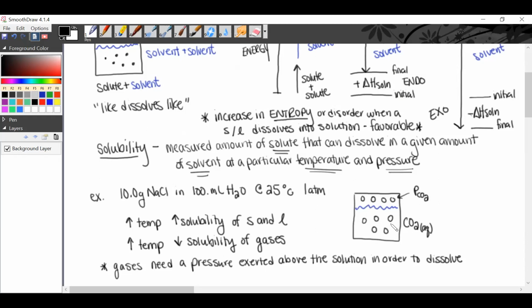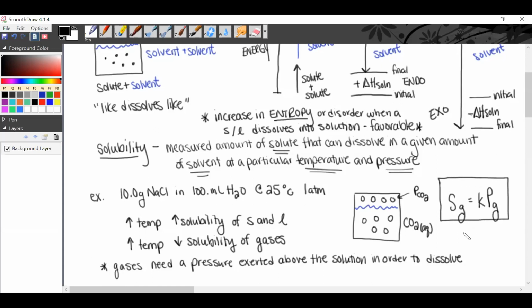In fact, how much CO2 is dissolved in the liquid depends upon how much pressure there is up above the solution. We can actually write an equation for it. The solubility of the gas is equal to a constant times the pressure of that gas above the solution.